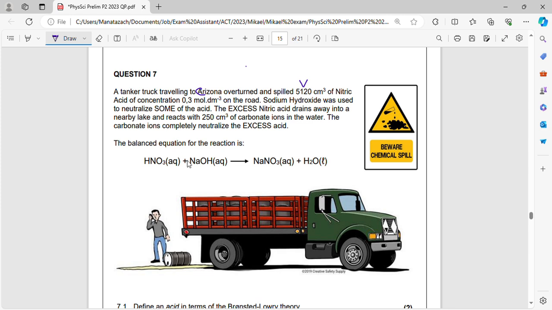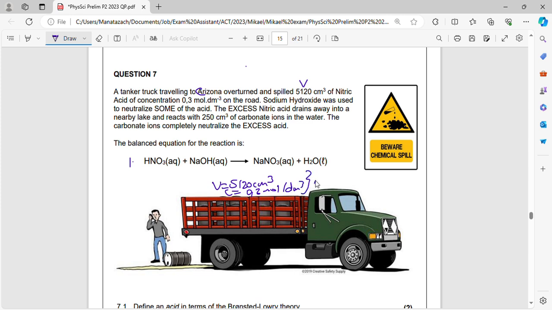So this will be forming a two-step reaction process. This will be the first step, where the nitric acid has the initial volume of 5120 cm cube, and the concentration is 0.3 mol per dm cube.